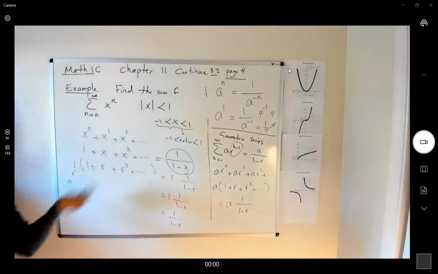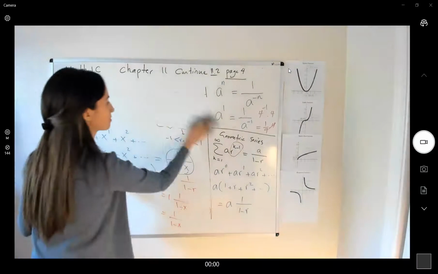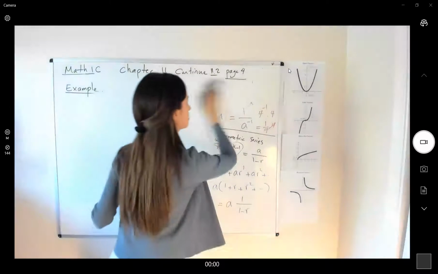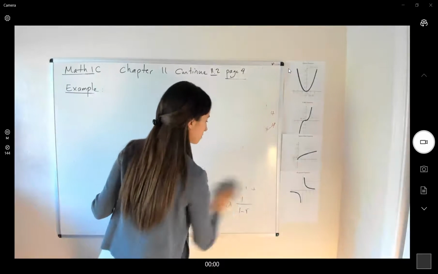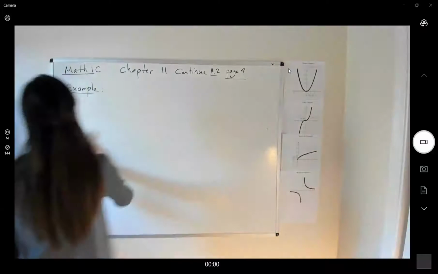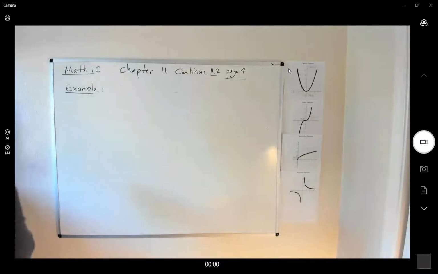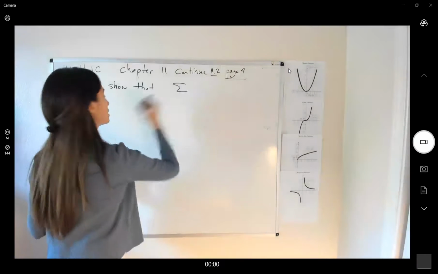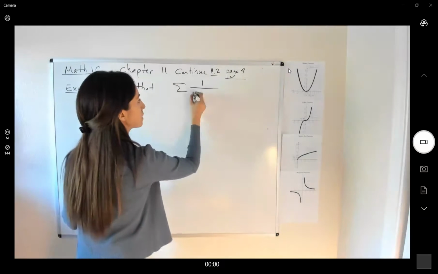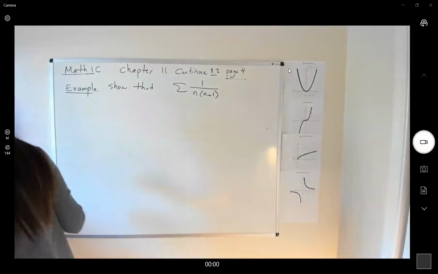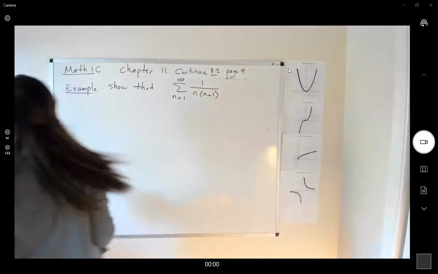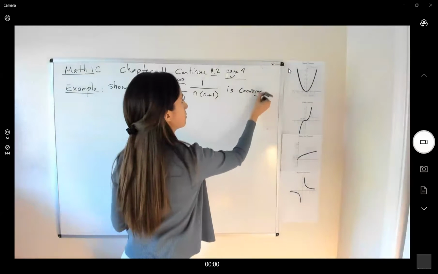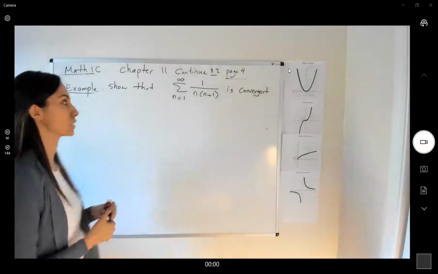Another example for you. This example says, show that the series 1 over n times n plus 1, n starts from 1 goes to infinity, is actually a convergent series.